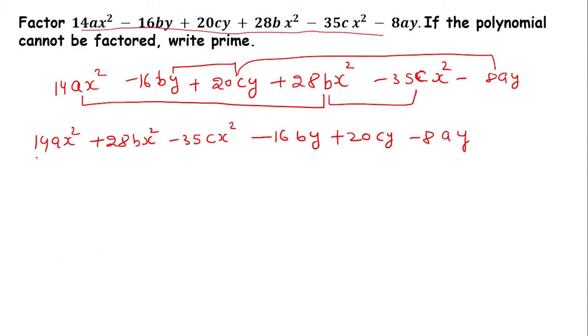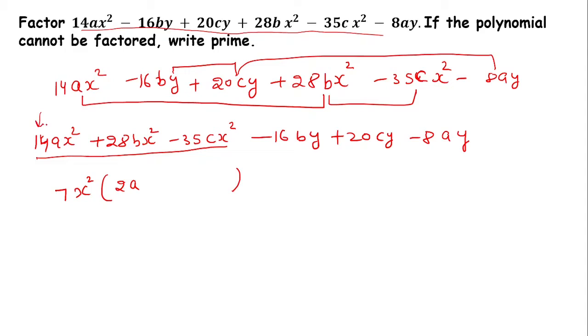Now let's take the greatest common factor from here. What is that? Think over this. I think the common thing is 7x square. This is 14. I took 7 out, so 2 is remaining, and a is also remaining.